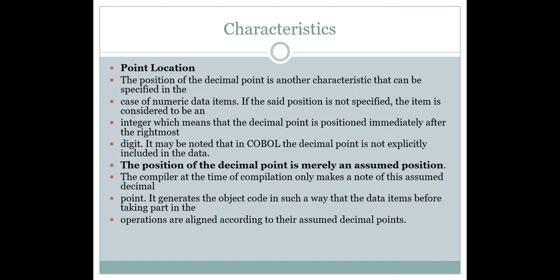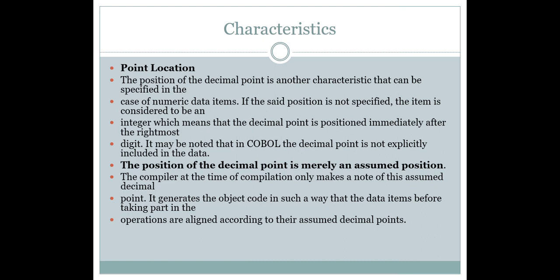And then the next one, the third characteristic, is point location. To define the point location in your data names, the position of the decimal point is an important characteristic that will be specified for numeric data items.